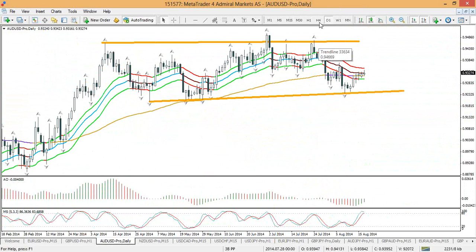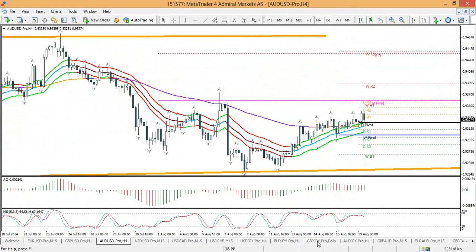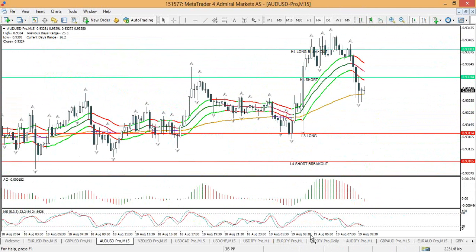I don't really see anything that I would like to trade when I look at this particular pair, no matter what time frame I look at. Sometimes there could be time frames that are less interesting. Sometimes an hourly looks great, but a daily is horrible, or the other way around. Hourly looks horrible, but daily looks great. This pair on all time frames, including the 15, I think, does not look appealing.